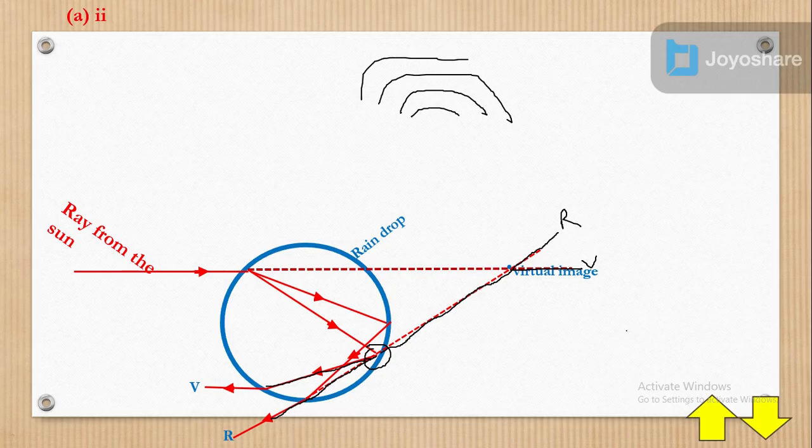That's what we mean by different angles, whereby red is the largest and violet is the smallest. Why? Because violet was 40 degrees and the red was 42 degrees. And now this one here finally gives us what we call a curve. Now this virtual image here can be viewed by someone on earth.